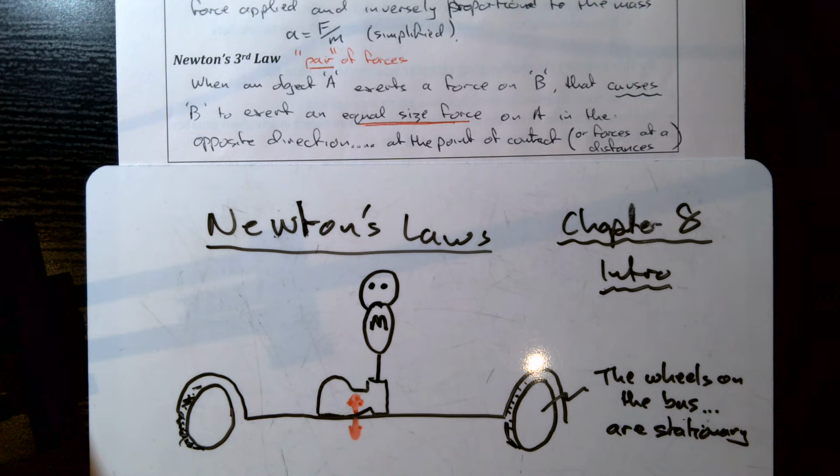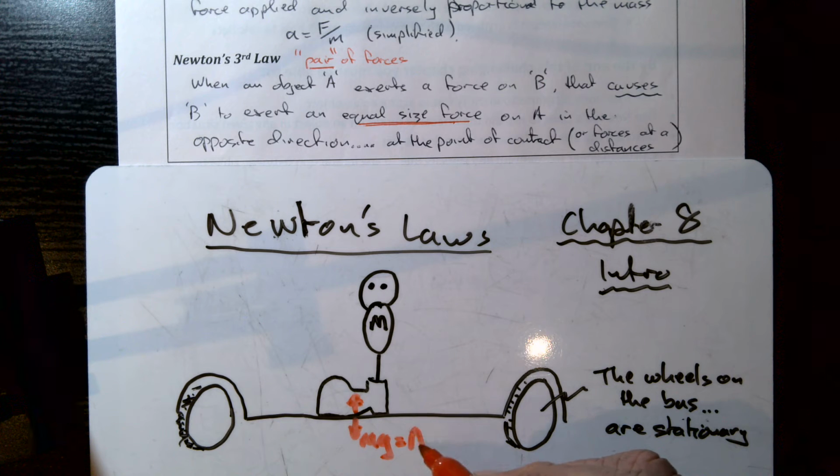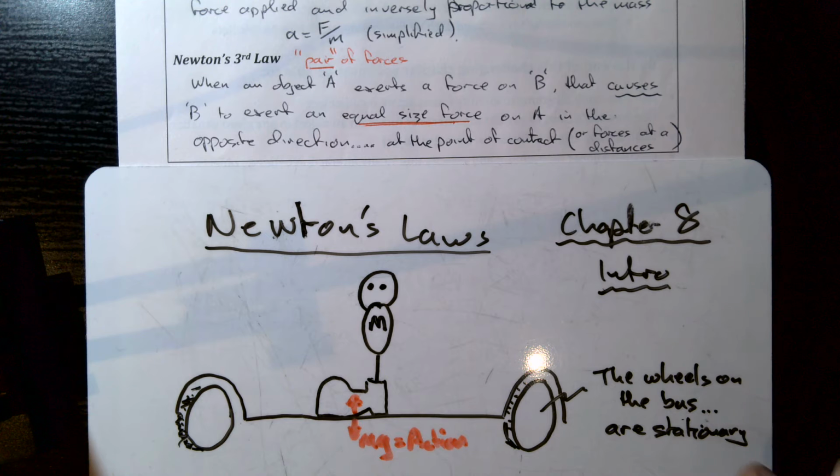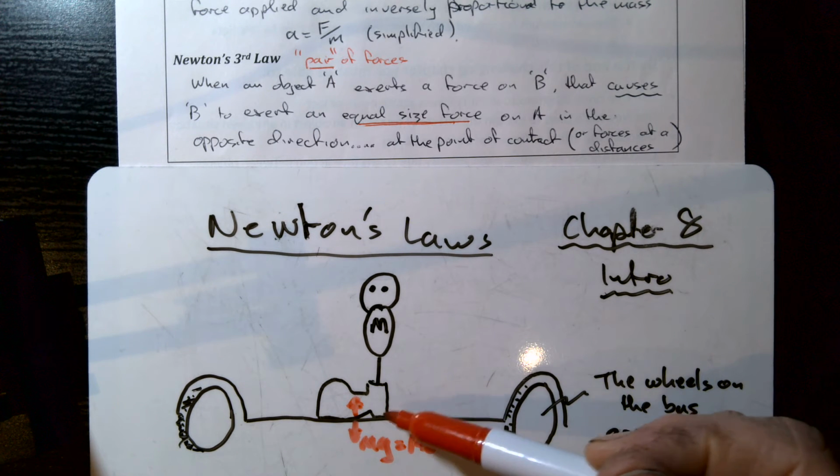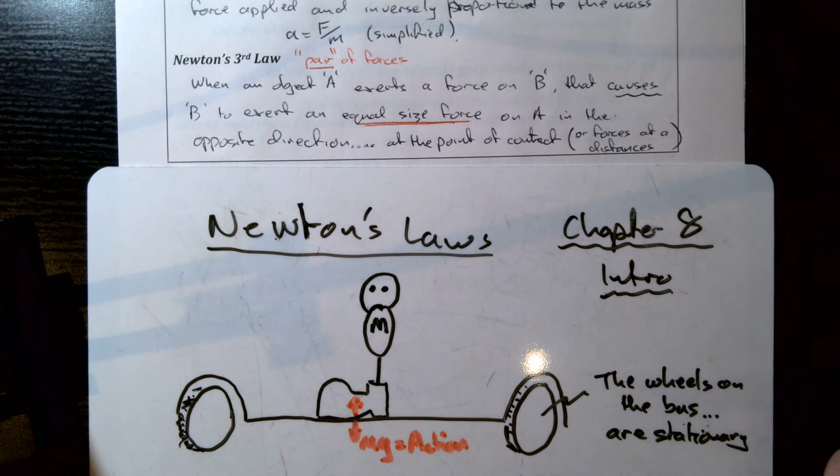Nothing is changing because this is your weight down here. Let me just put it on. So that's our mg. That's always going to cause an action. That action means that the floor pushes back to stop you sinking into the floor.